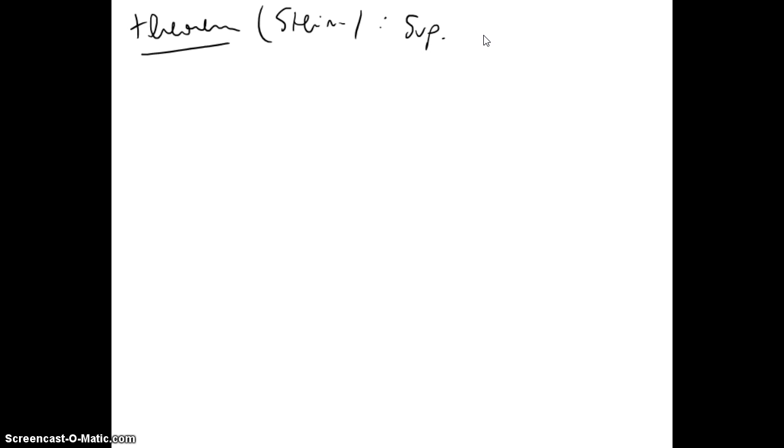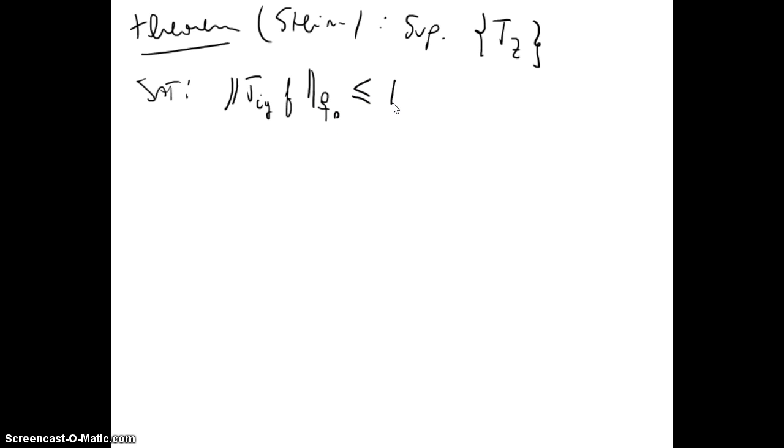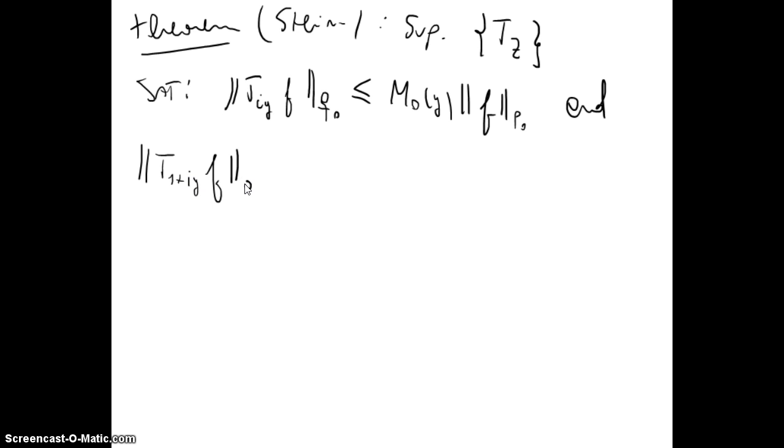Suppose that the family Tz is an admissible family of linear operators that satisfies that the norm of T of iy, of f, in q0 is less than or equal to M0(y) times the norm of f in p0, and T of 1 plus iy, recall the boundary of S in this part, the norm in q1 is less than or equal to M1(y) times the norm of f in p1, with y a real number.